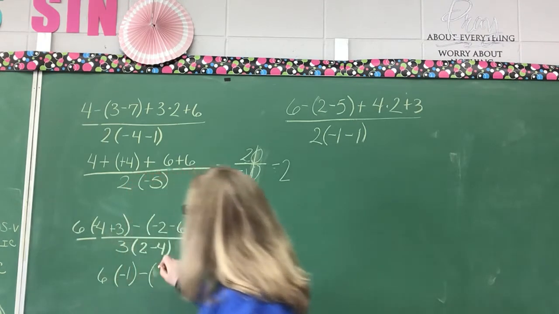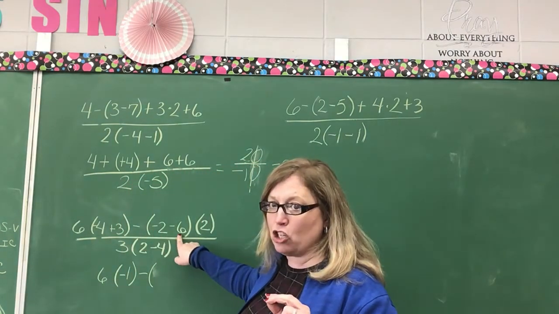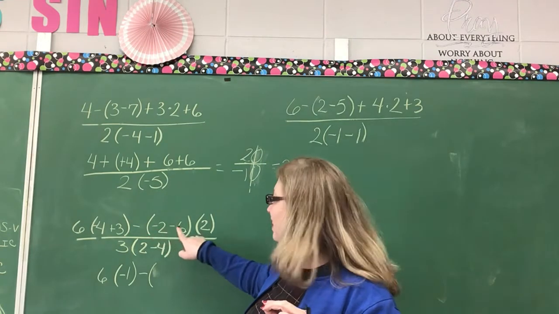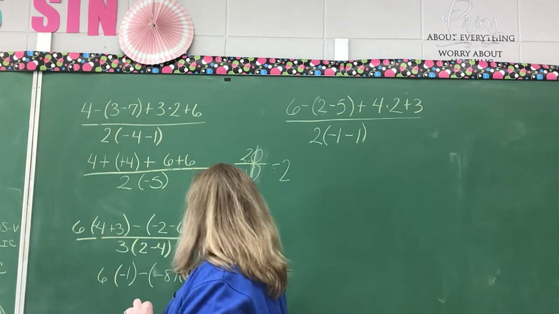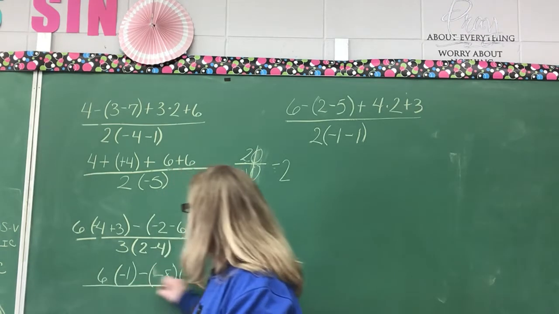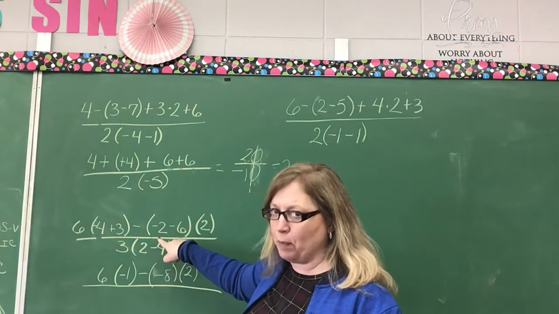Minus parentheses, negative 2 and a negative 6. We're going to use addition, so we're going to say negative 2 plus negative 6 gets negative 8, times the 2. Okay, now why did I do this? Why did I do this addition before I did that? Because it's inside the parentheses.